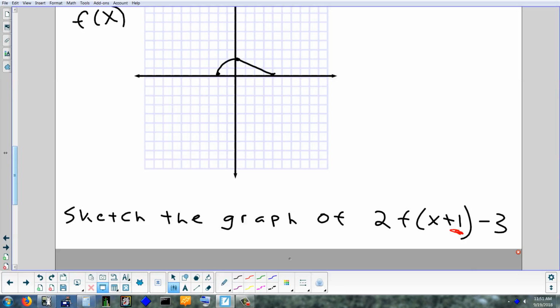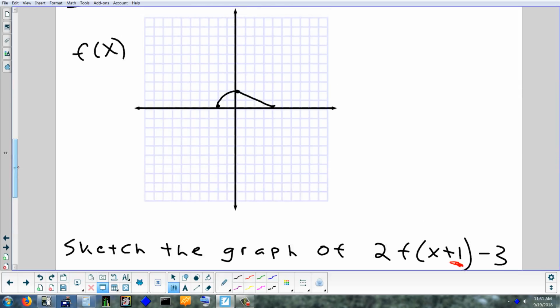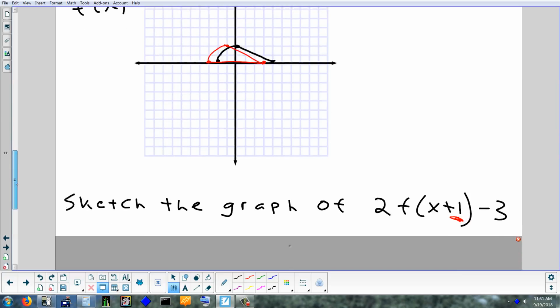Yeah. It's going to shift it to the left. How many? 1. So I underlined it in red. You might not have a different color pen, but I'm just trying to show you clearly. I'm shifting every dot left 1. If I do that, I get that. So that's the first thing.